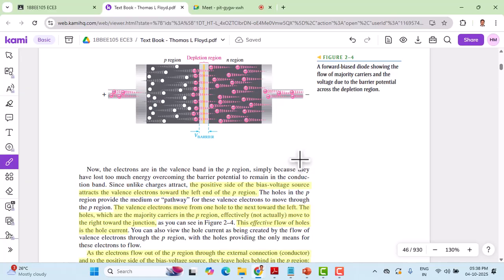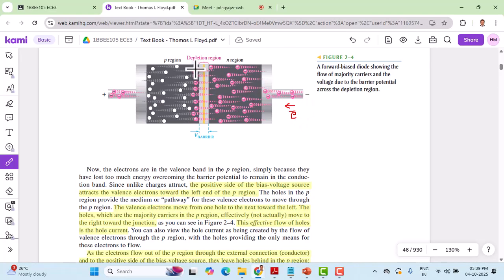The same thing is shown here, without showing the bias voltage. As you can see, from the negative terminal of a battery, all this pink color region is the electron movement. Electrons repel from the negative supply and move towards the junction.